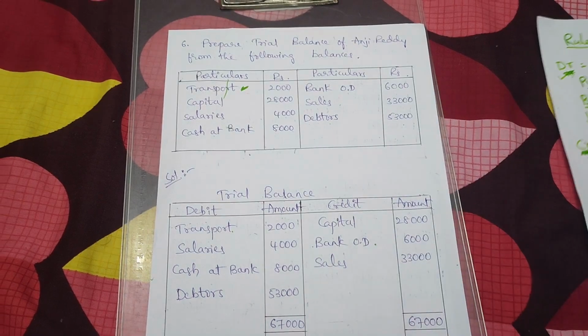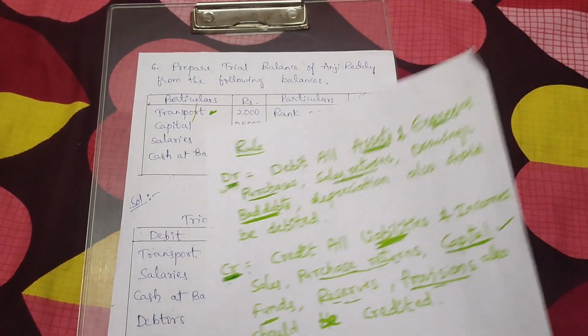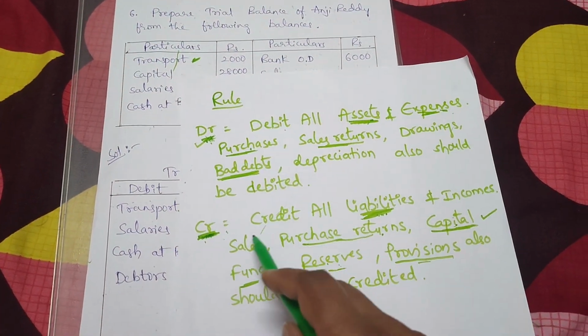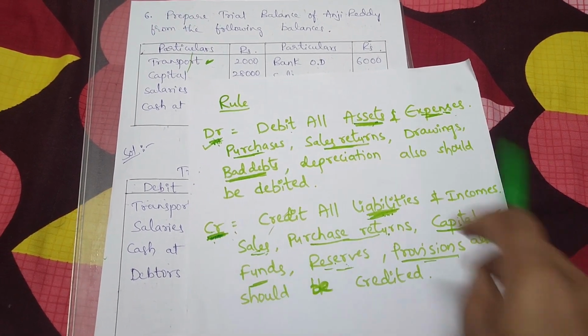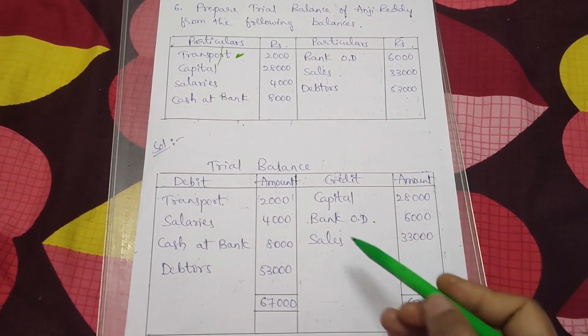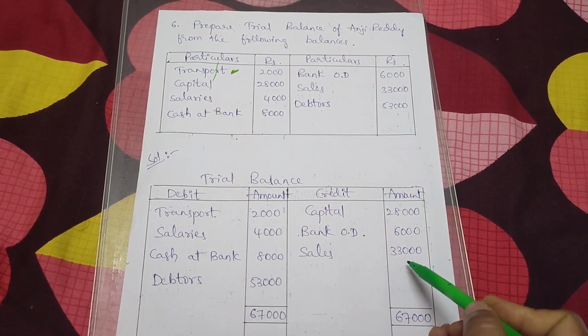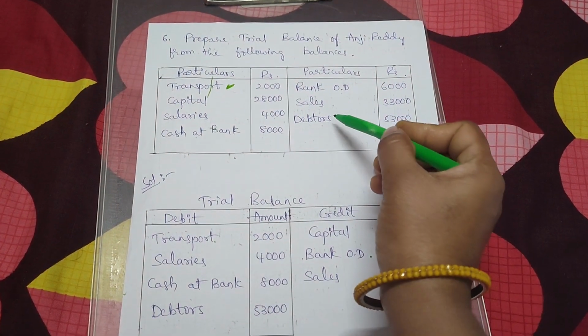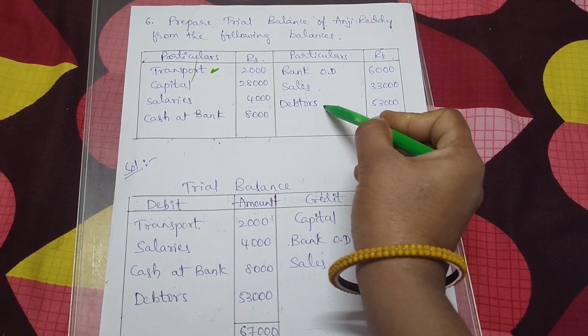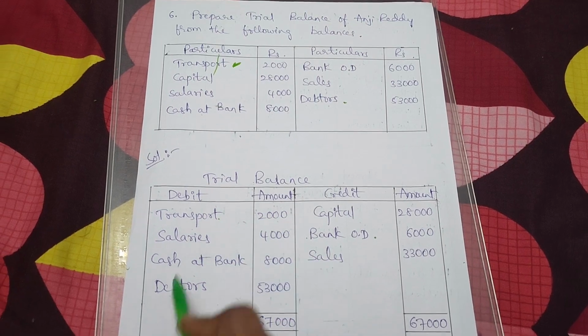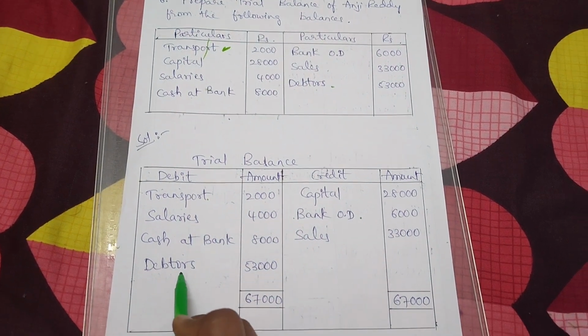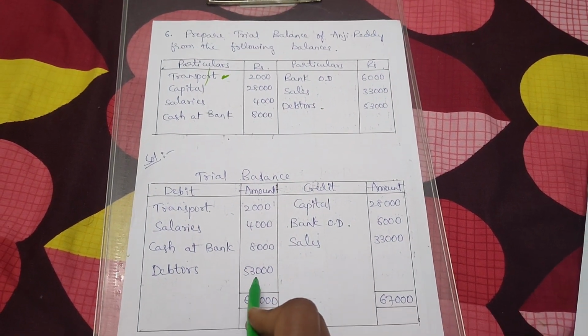It is given in the rule itself, sales we should credit. So sales I recorded under credit 33,000. Next, debtors. Debtors are assets, so assets we have to debit. So debtors I recorded under debit 53,000.